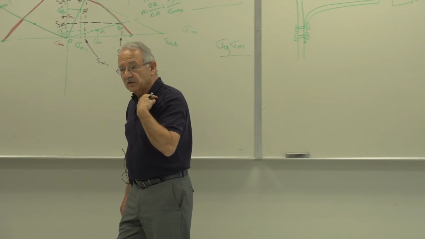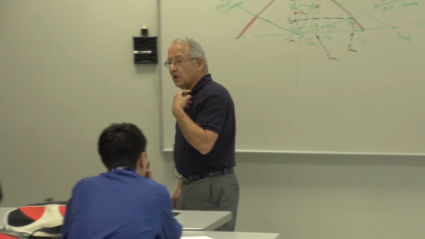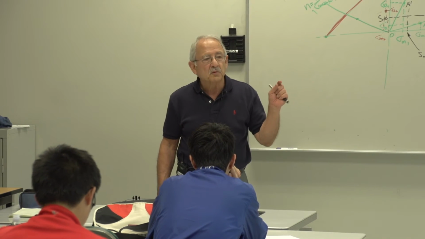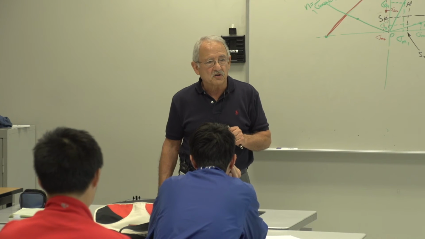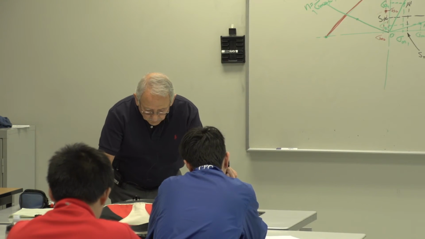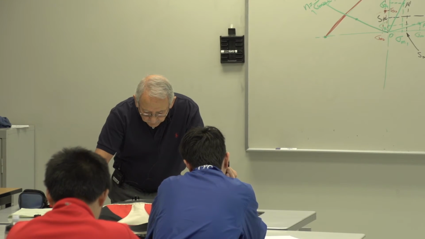In our case, we haven't done curved beam. So we're not going to use curved beam equations. We'll just apply a stress concentration factor to take care of that. Okay? I'll emphasize that.